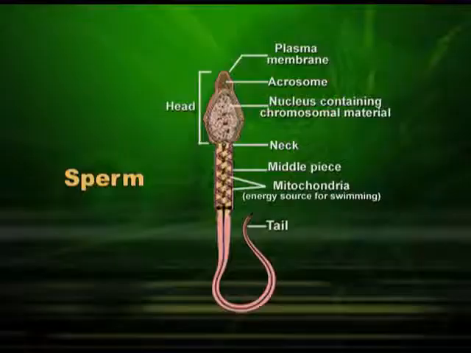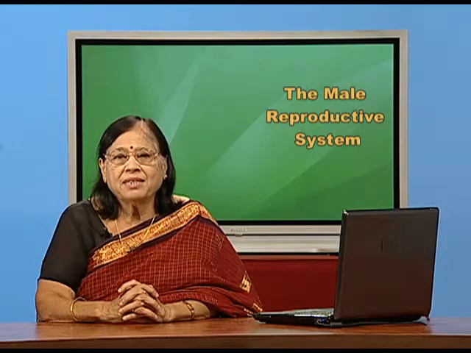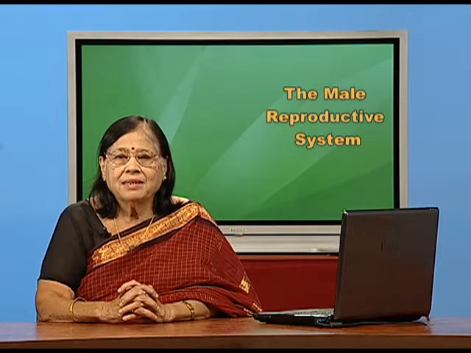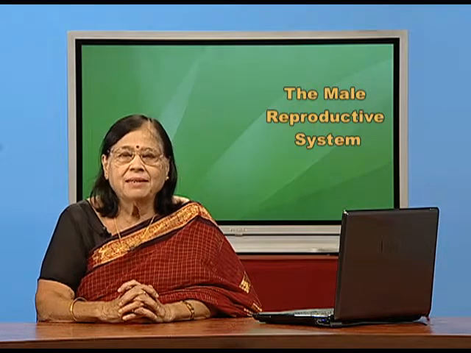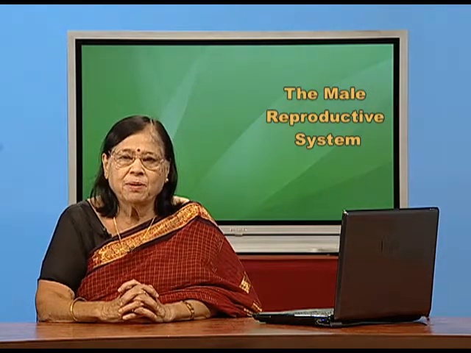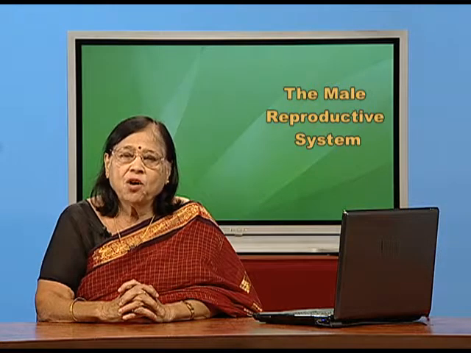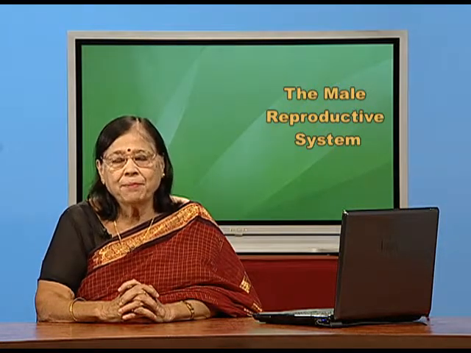Coming to sperm, this is a slide showing sperm. The whole reproductive system is designed for formation of the gamete, in this case the male gamete, sperm, and it is formed by meiosis. So, it is haploid.